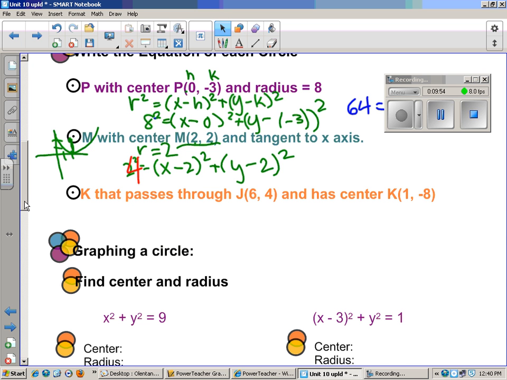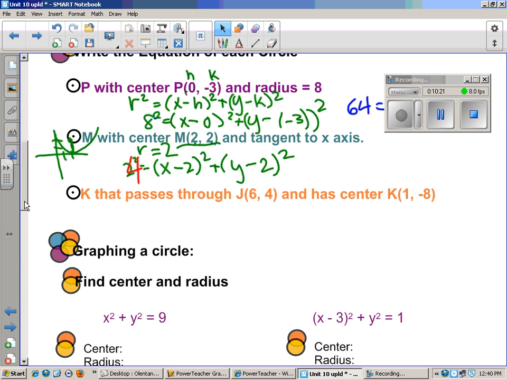All right, another one that could throw a little problem in the works. Circle K passes through point (6, 4), so (6, 4) is on the circle. It has a center of (1, -8). So I still don't know r. How am I going to find r this time, if I know a point on the circle and the center?